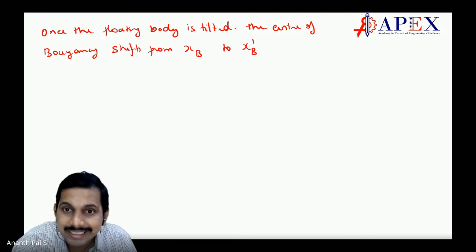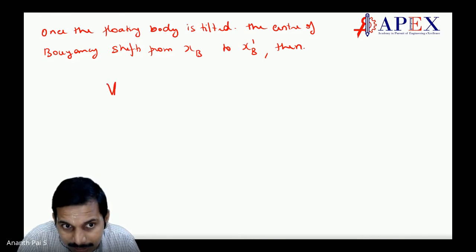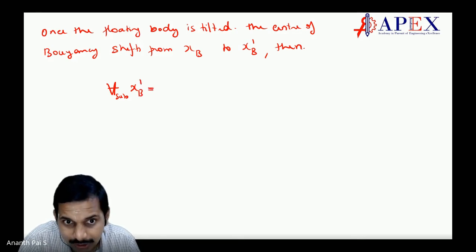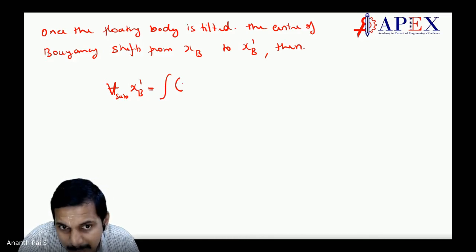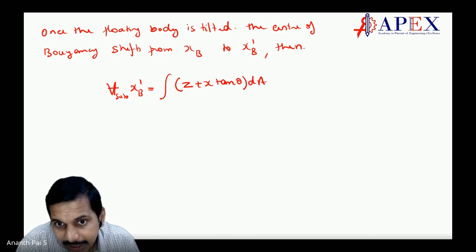We'll assume that. Then V, that is the volume submerged, into x_b dash is equal to the integration of, instead of just z, z plus x tan theta into dA into x.